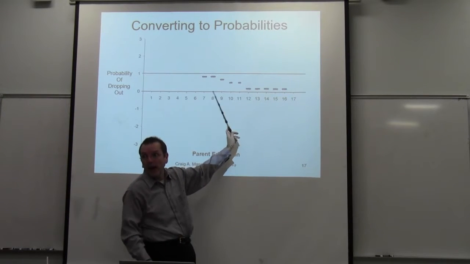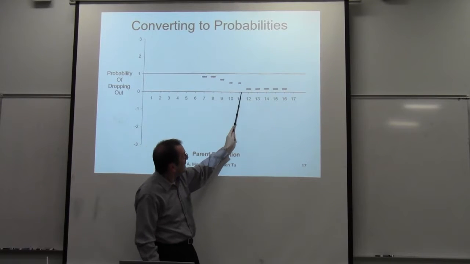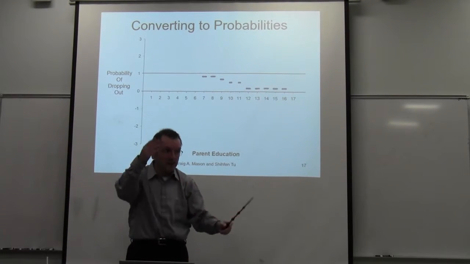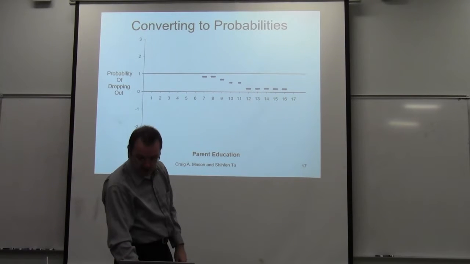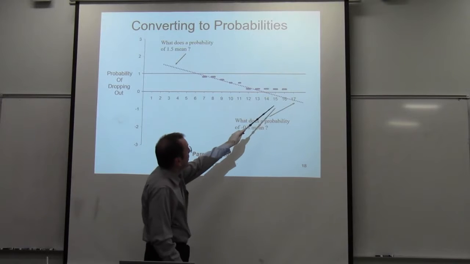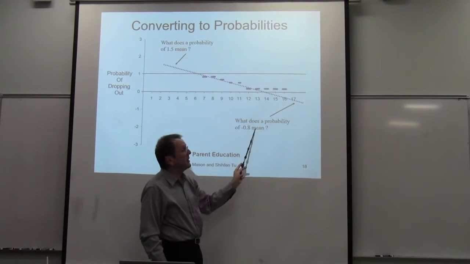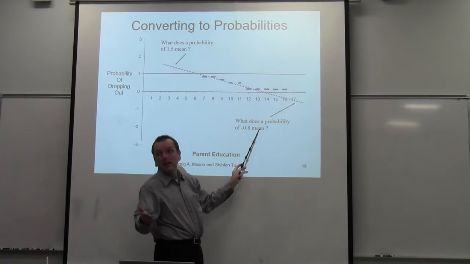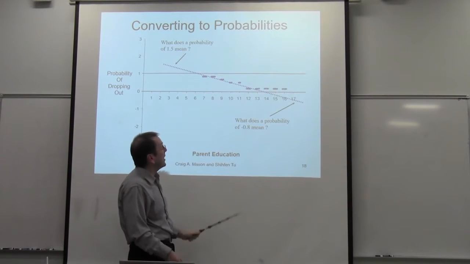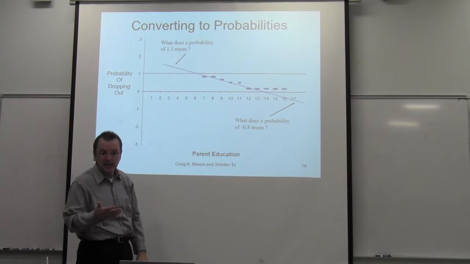That's what I mean by an asymptote. It can get close to 0, it can get close to 1, but it can't cross it. So we still have the same problem. Way down here, we're going to end up predicting negative probabilities, numbers that don't make any sense, or probabilities greater than 1.